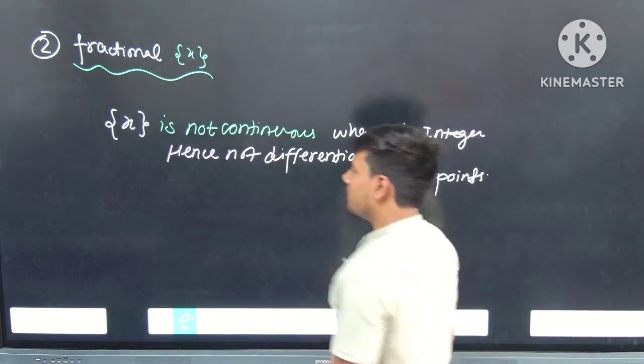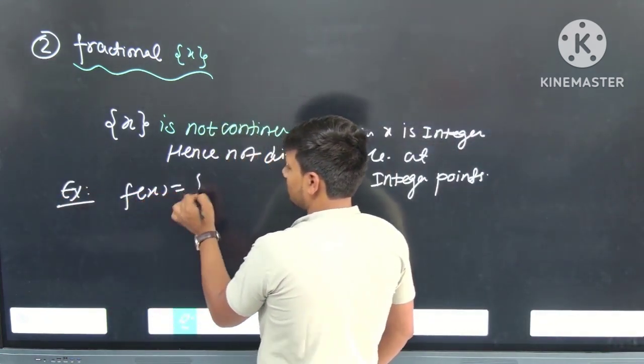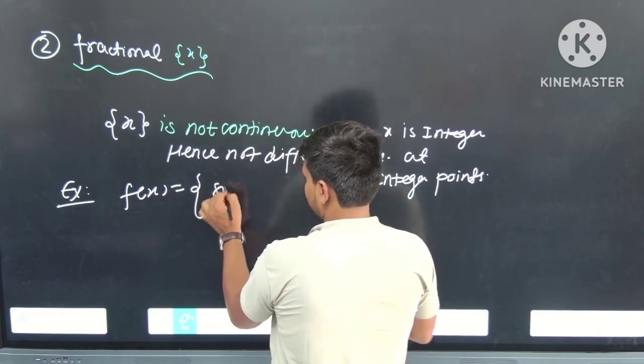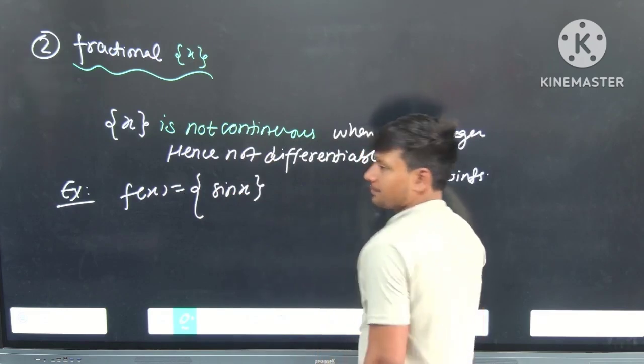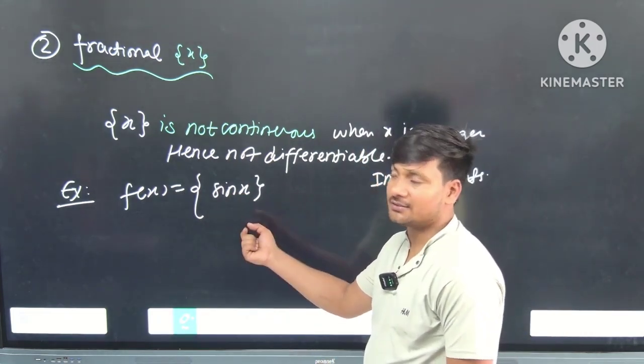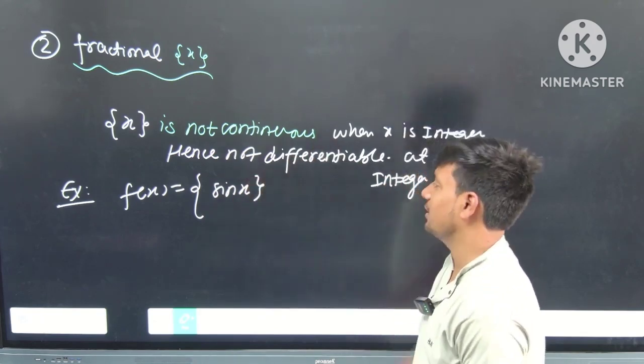Okay, suppose we have a function, we can take an example. Suppose we have a function f(x) equals the fractional part of sin x. So whenever sin x is an integer, then this function will not be continuous and hence not differentiable.